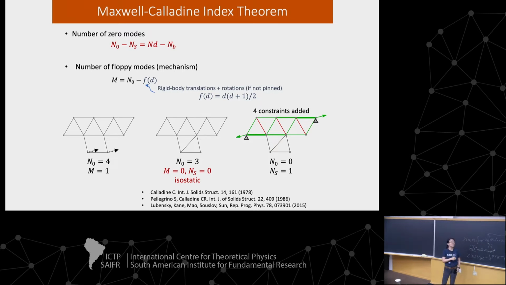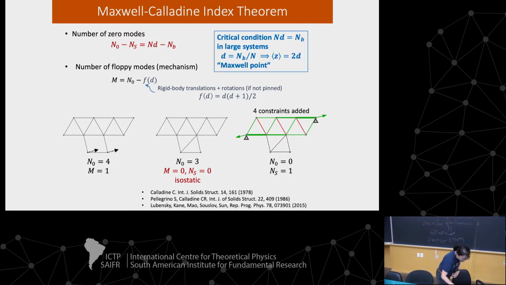But is it clear why I call this 4 more constraints? Because each point, when I pin it, I fix both the x and the y, so each of these pins is 2 constraints. As a result, I remove all of the zero modes and give the system 1 state of self-stress. And this defines the Maxwell point.